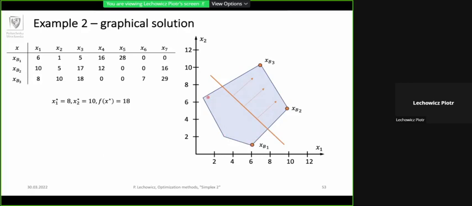So this way of improving the solution by checking only some of them can speed up calculations a lot. And we are assured that we will find an optimal value, or we will know that, for example, the problem is infeasible or unbounded, so the solution is infinite.